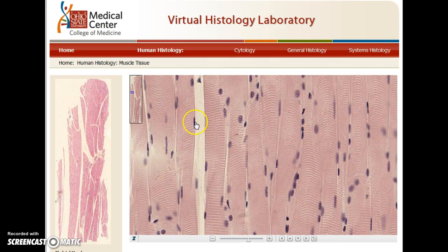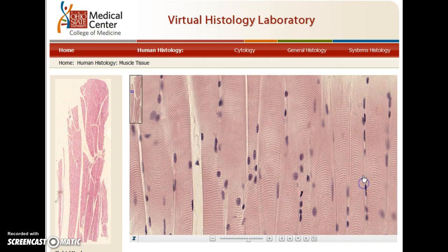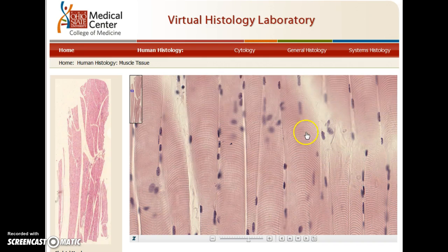It is striated. All of the nuclei, or most of the nuclei, you can see are pushed out to the very edges of these muscle fibers. And then that endomysium is what I would consider this white area in between each muscle fiber, because that's going to be the wrapping or covering around each individual muscle fiber.